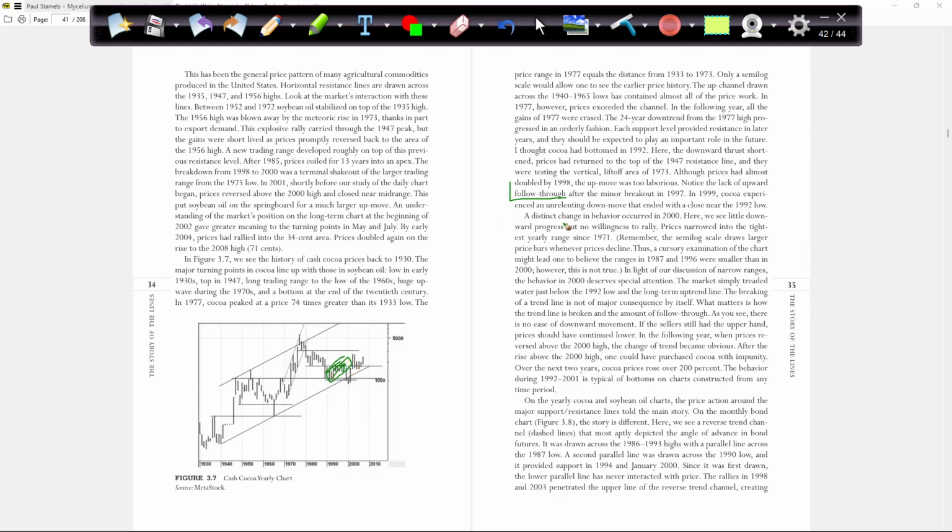After the minor breakout in 1997, in 1999, cocoa experienced an underlying down move that ended with a close near the 1992 low.